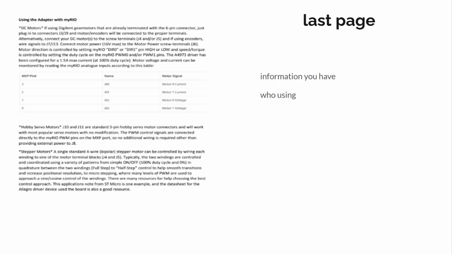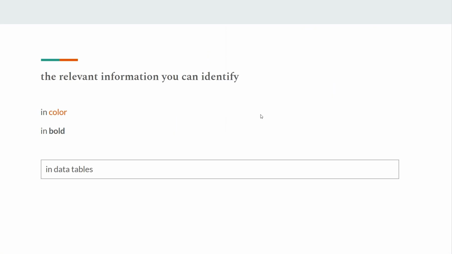In the last page, we have information for using this with MyRIO. MyRIO is a small card with intelligence used for programming portable systems. You have a data table for the pins for the motor signal. So you can find the very relevant information.